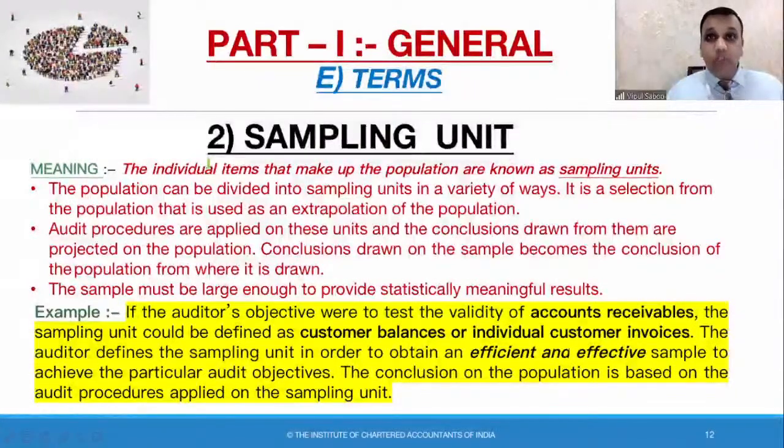The units comprising the population which would be subject to sampling, not the selected ones. Before selection, the units of the population on which the sampling process would be carried out. Further, audit procedures would be carried out on the chosen ones. So, the individual items that make up the population are known as sampling units.